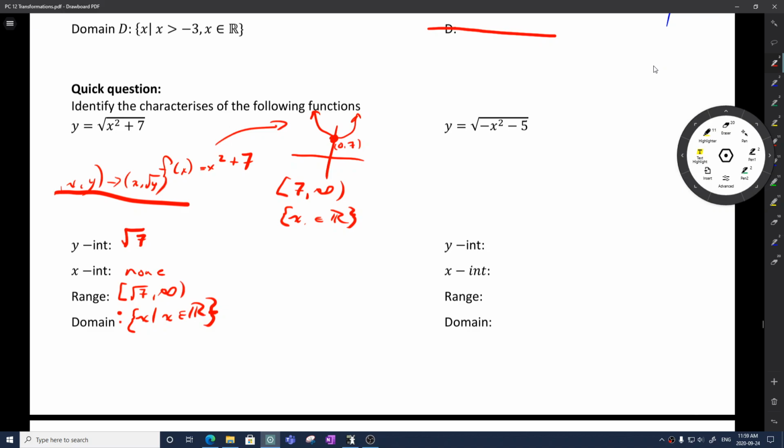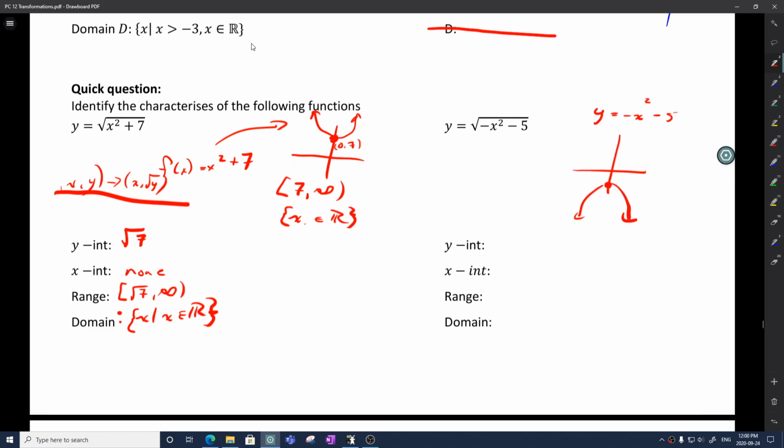All right, this one I believe is a little bit more challenging, so I'll let you have at it. Let's see what you come up with. Please press pause and attempt. Tricked you. So let me just define my function y is equal to negative x squared minus 5. What we see is my function is negative.